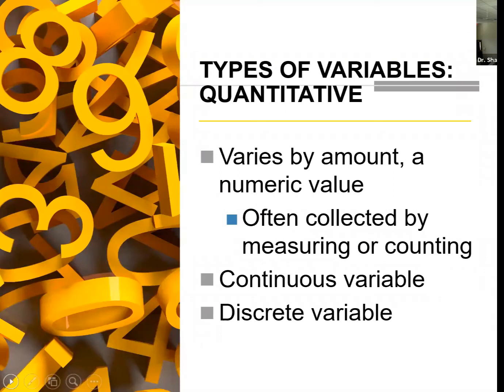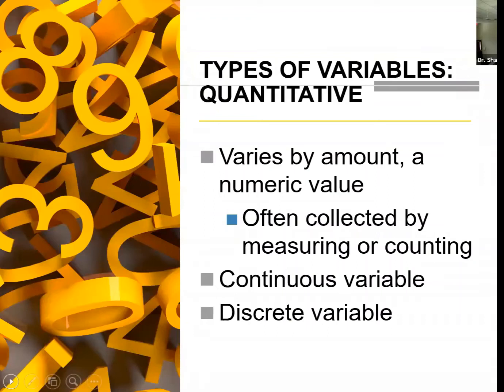Now, notice that some of our measurements can be quantitative in nature. We have covered this in other videos and other lectures, but let's review them and go a little bit into detail of what these mean. So when we think about quantitative, I want you to think about quantity.